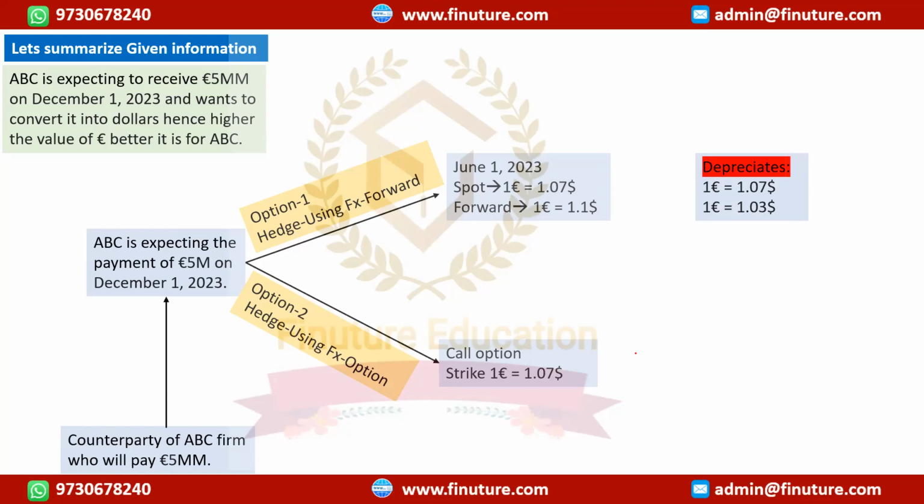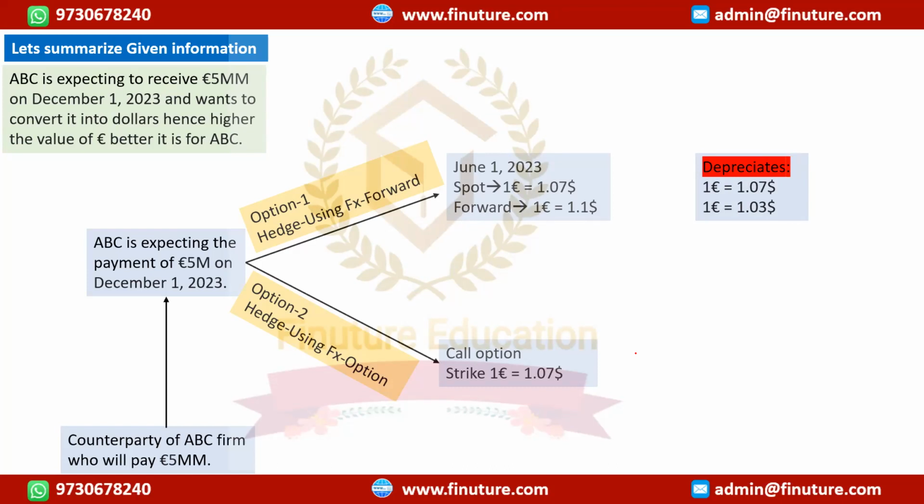So before we go ahead, you need to understand a few terms which I used. When we say depreciation, it's the value of the currency going down. The example that we have been given here is when the price of €1 was initially $1.07, and it went down to €1 equal to $1.03.